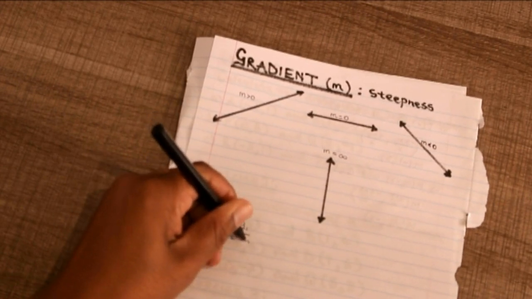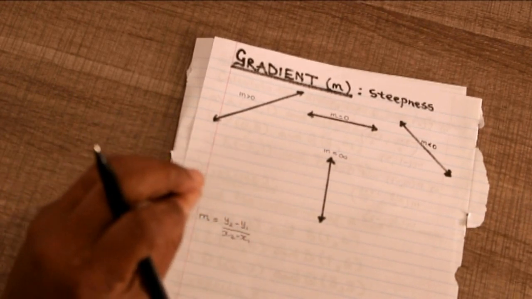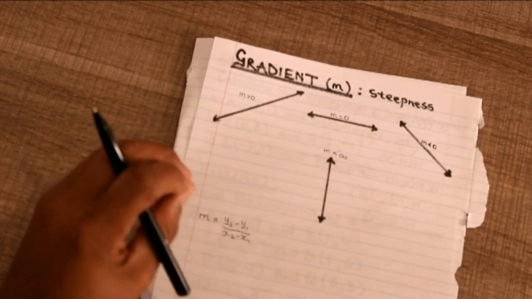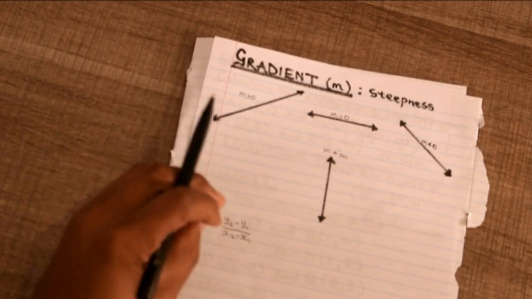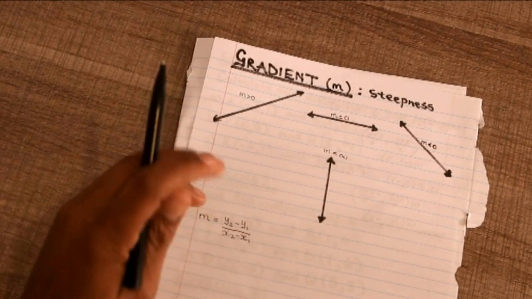That will give you the steepness. Please don't put your x2 and x1 on the numerator. They must be the denominator. The y2 and the y1 must be the numerator.